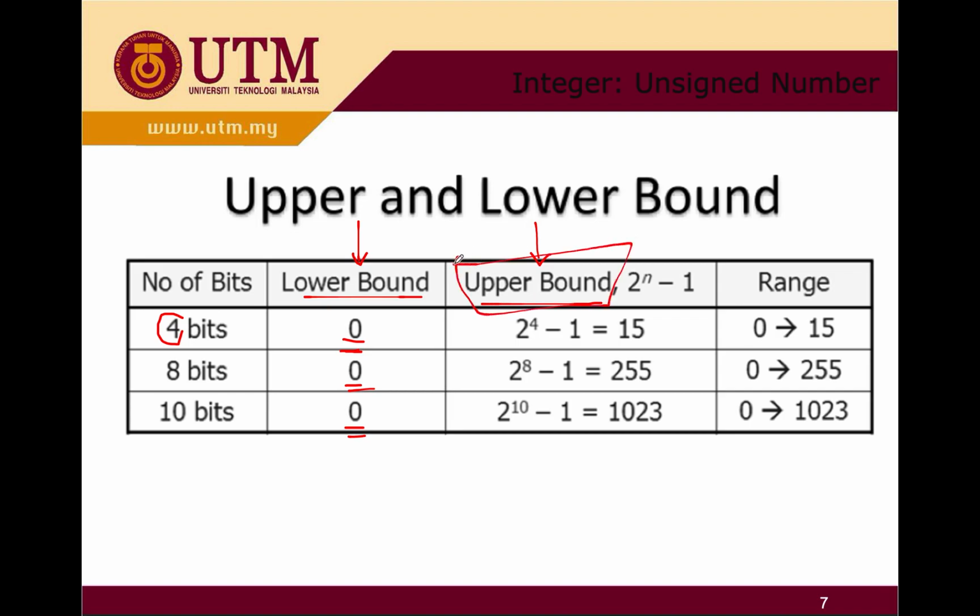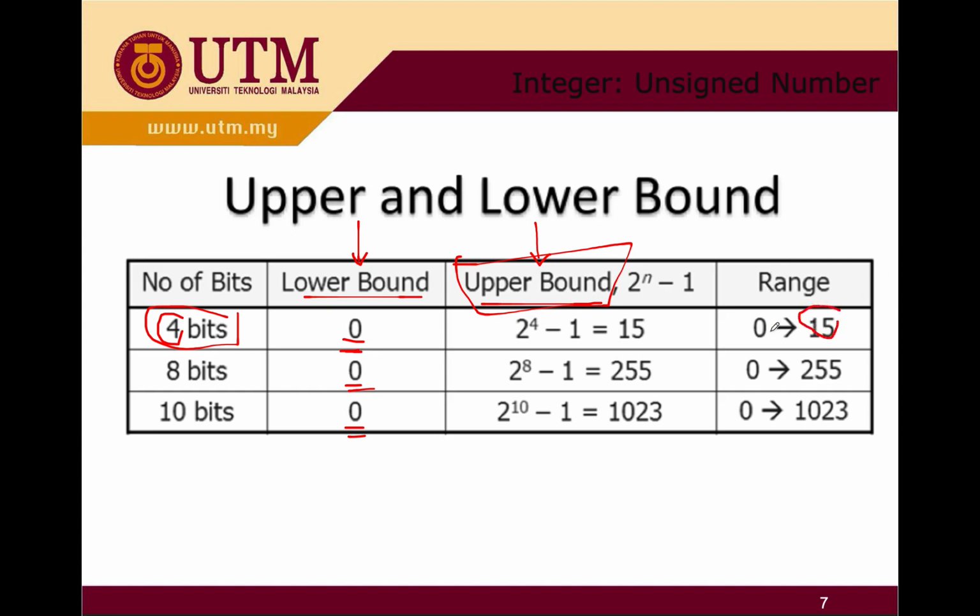If there is a question saying please state the upper bound for a number of 4 bits, you know that the upper bound is the maximum value within the range, and the lower bound is always 0. The lower bound is the minimum. So the range is 0 until 15.